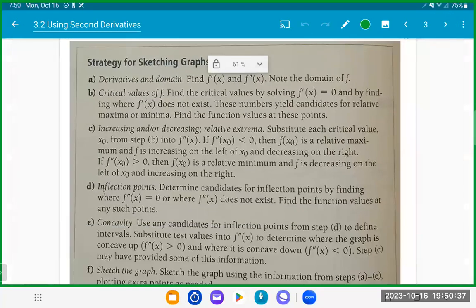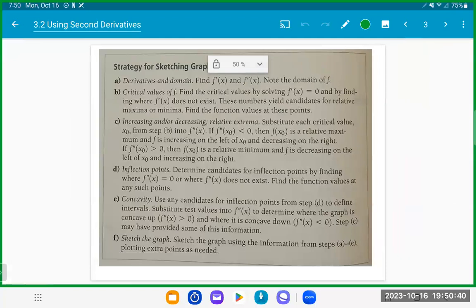Okay. So this is really just for you all to not have to search it out in the textbook. If you want to look at it in the textbook, it is on page 286. And this is really just the strategy for how we're going to graph these functions. Okay. And so first we want to determine the derivatives and the domain.